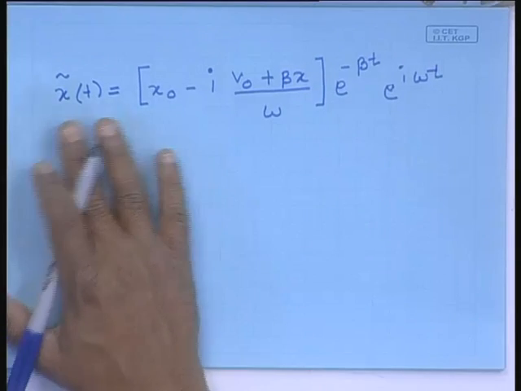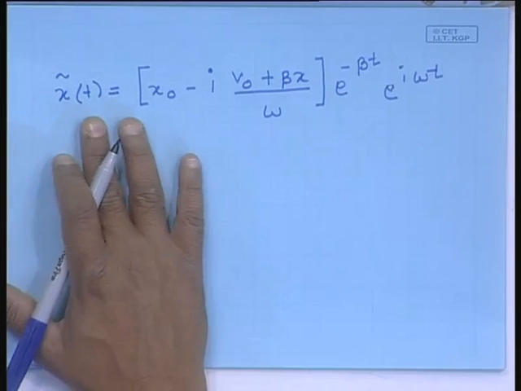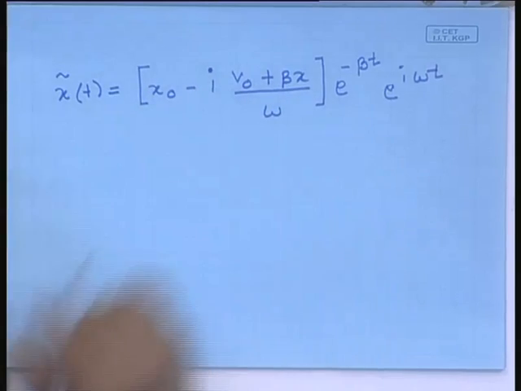So, that is the expression for x tilde, the complex representation of the position as a function of time in terms of the initial conditions.